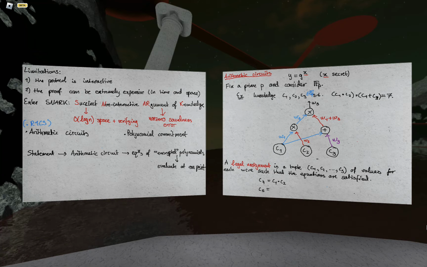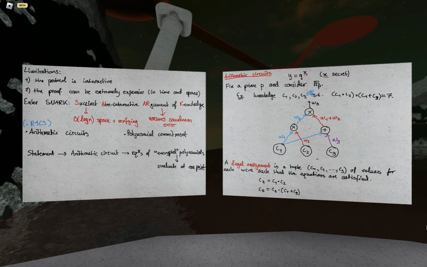And again, because we're thinking of this red wire at the top right as one single thing, that's why we have the multiple terms here. This is C4 times C1 plus C3. Okay, these are the equations, or the constraints, that our graph has.